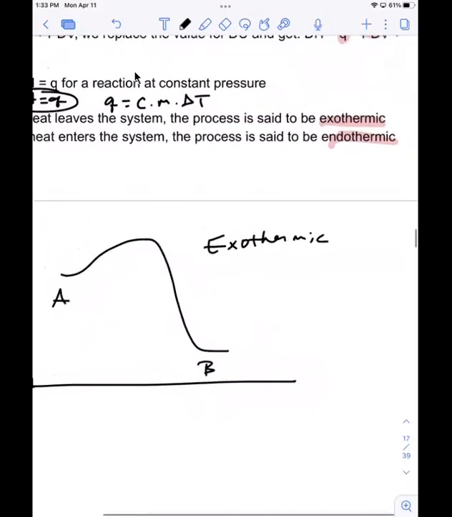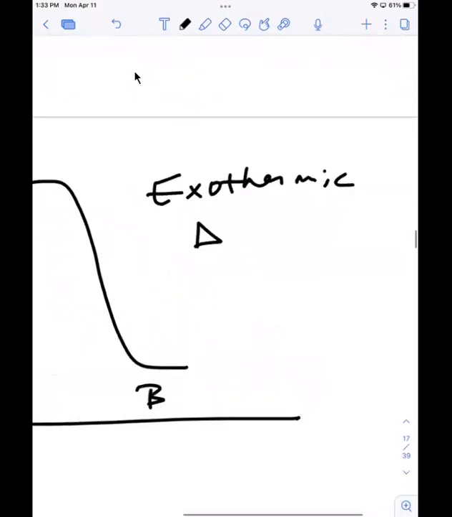And for an exothermic system, we say that delta H, or the enthalpy, is going to be negative. There's a reason for that.